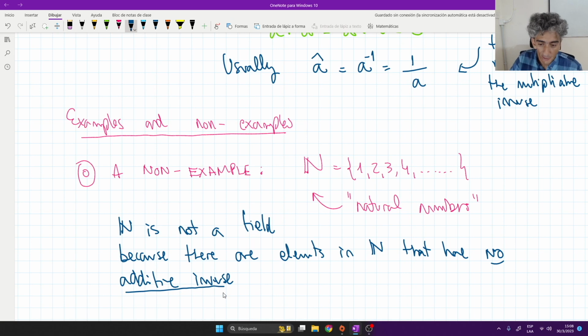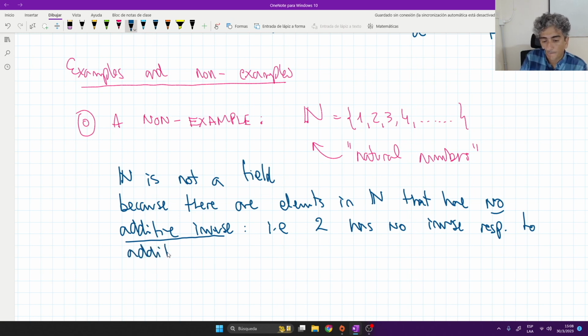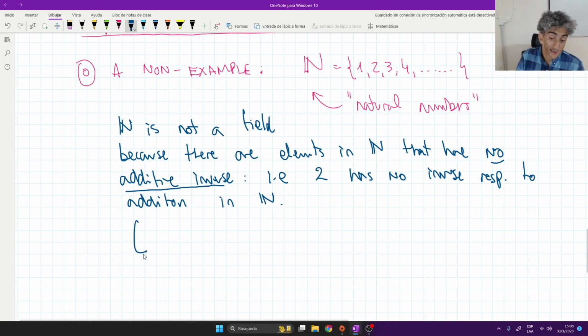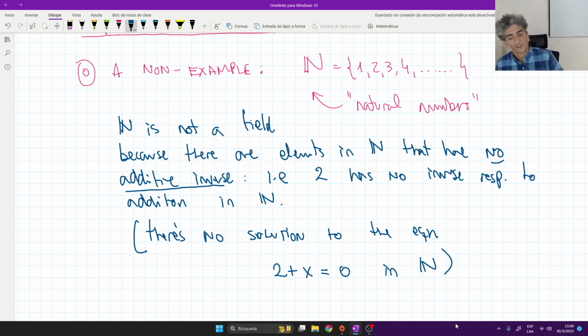As a matter of fact, none of them have an additive inverse. 2 has no inverse with respect to addition in N. That is, we can say that there is no solution to the equation 2 plus x equals 0 in N. Right, there's not even a 0 in N. So N is not a field because it has no 0 element and no additive inverses with respect to addition. So N is not a field.